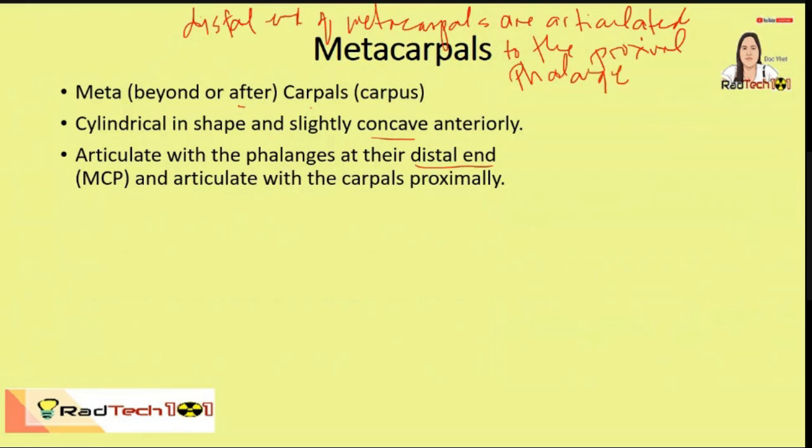So at their distal end, the metacarpals articulate with the proximal phalanges, and they articulate with the carpals proximally. So ang distal end ng metacarpals are attached to the proximal phalanges.